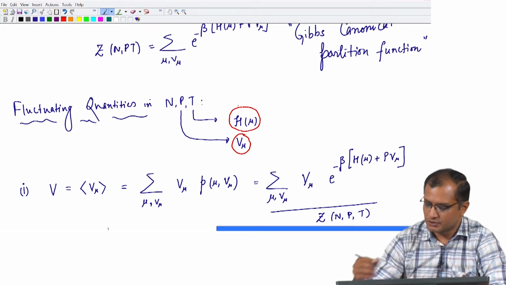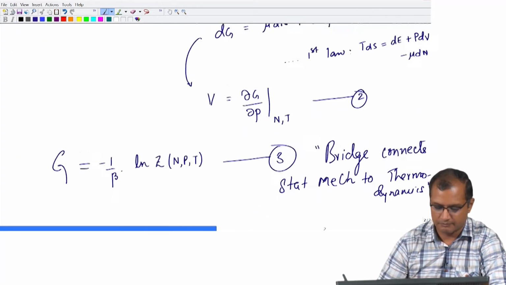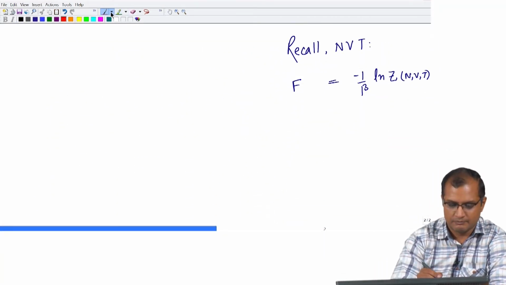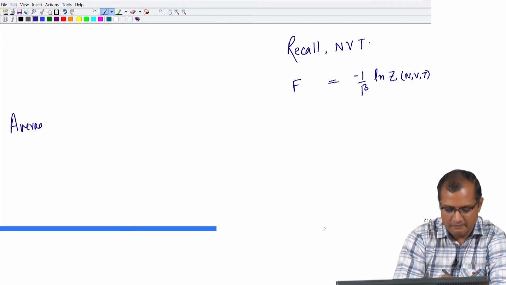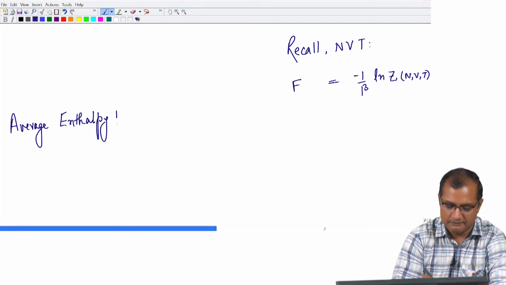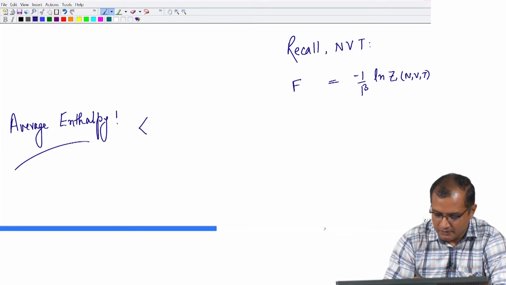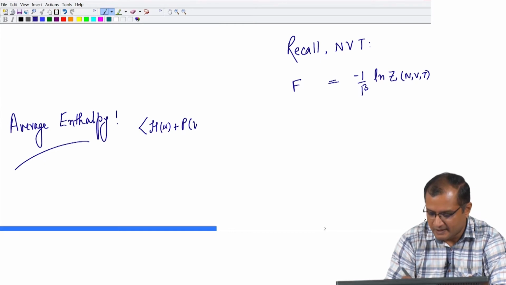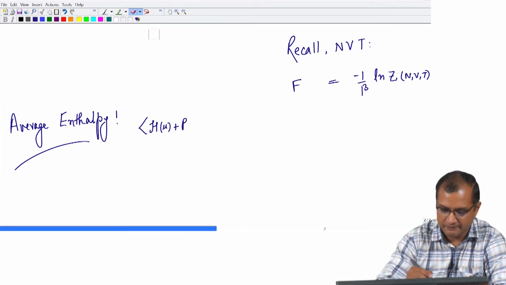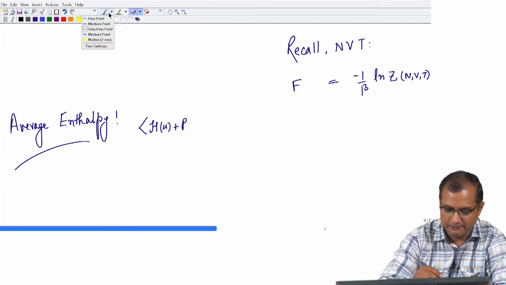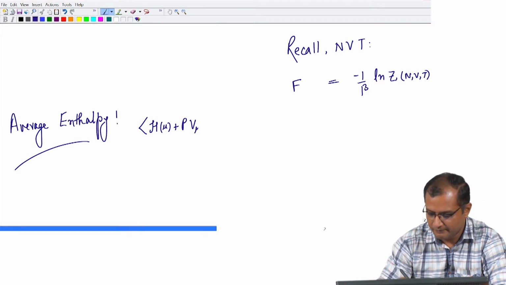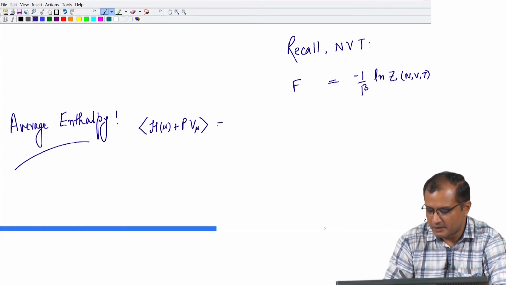So, the average enthalpy, because enthalpy is your new energy scale, is given as follows. You have to take the average of the energy scale, and this will be your average enthalpy.